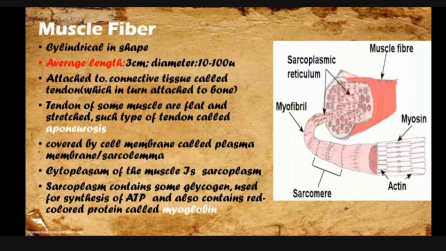The fiber is covered by a cell membrane called plasma membrane or sarcolemma. The cytoplasm of the muscle is sarcoplasm. Sarcoplasm contains some glycogen used for synthesis of ATP and also contains a red colored protein called myoglobin.